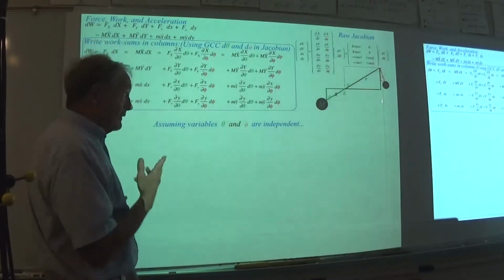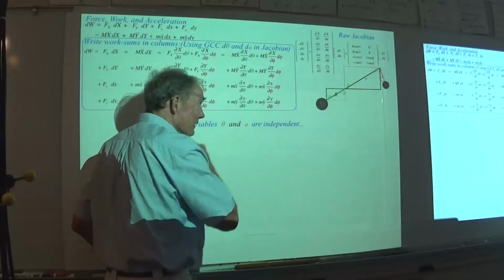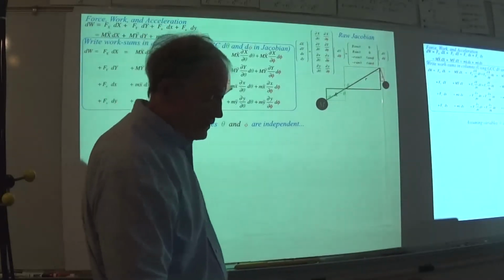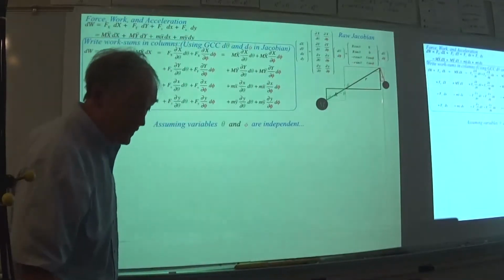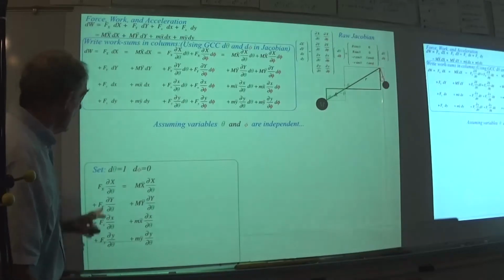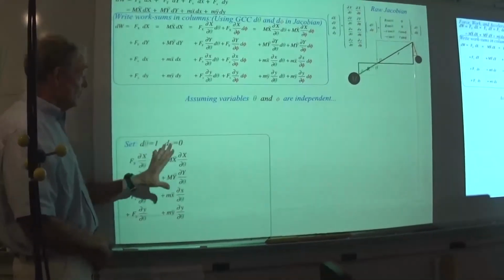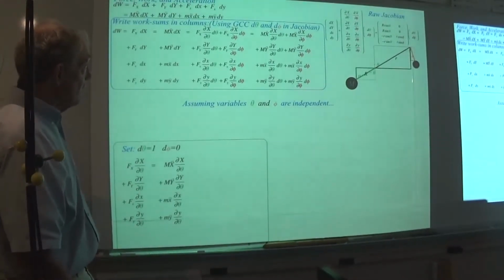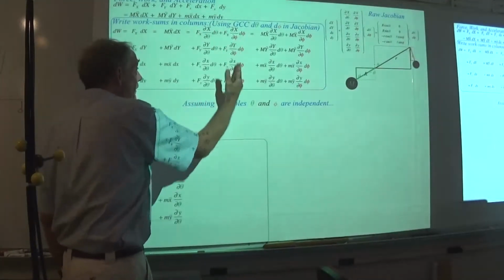Well, if those 2 are golden, so to speak, that is, if these are the variables that are the independent degrees of freedom, then we can do something that makes this make sense. So start with these being independent: I'm just going to make the differential d phi 0. I'm only going to work with theta. If I do that, I just get this part; I turn the other part off.